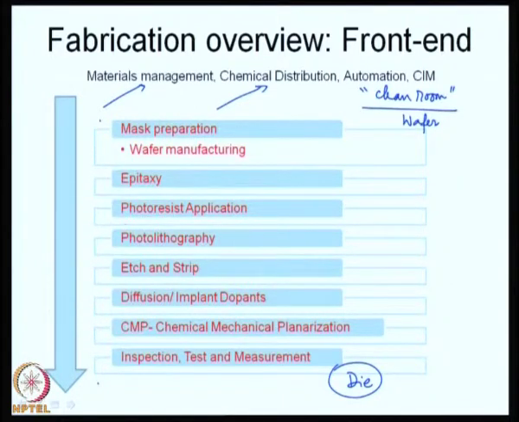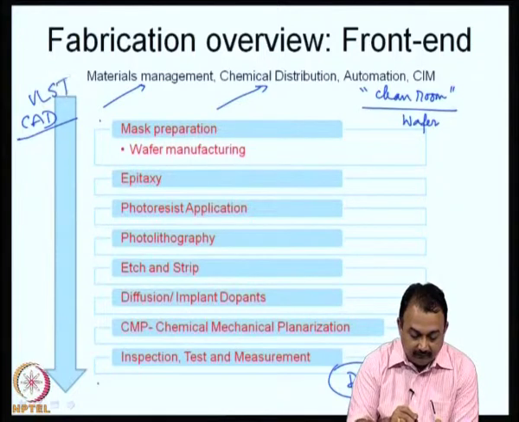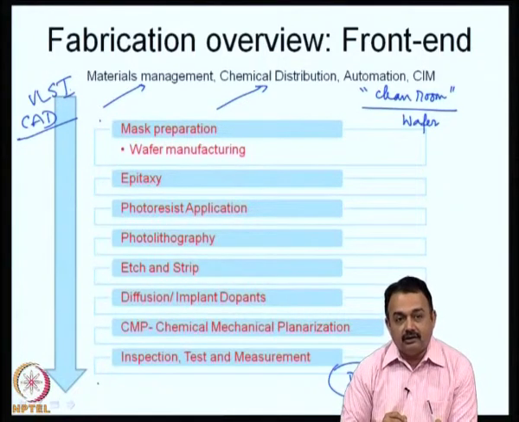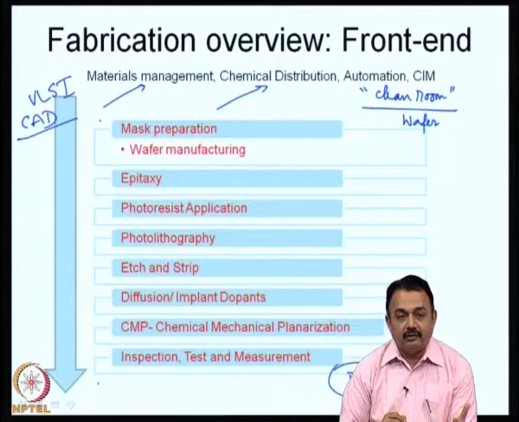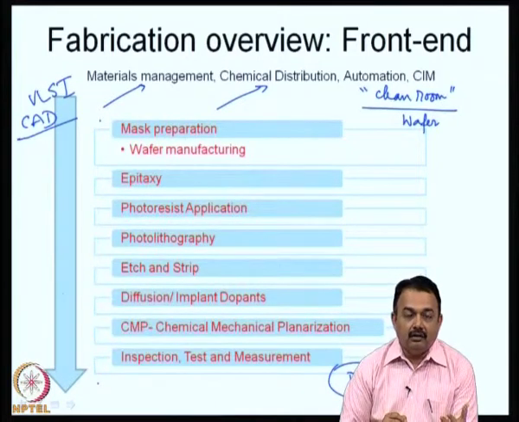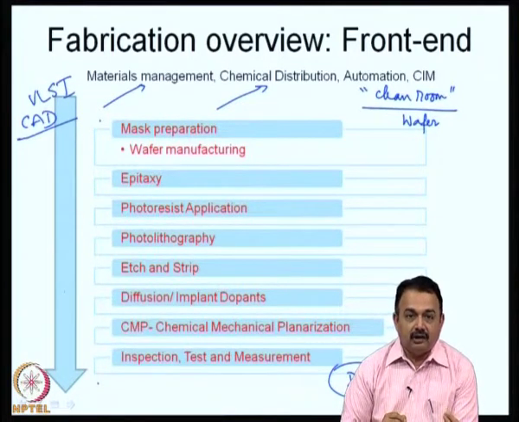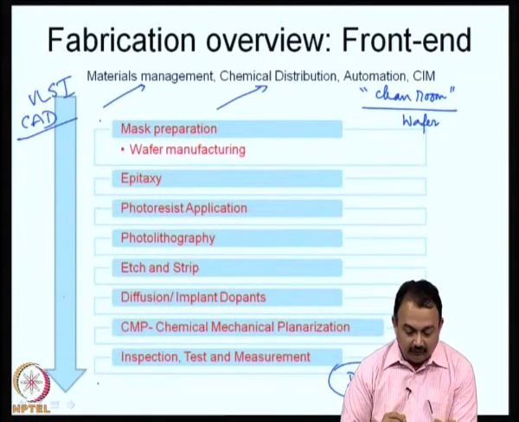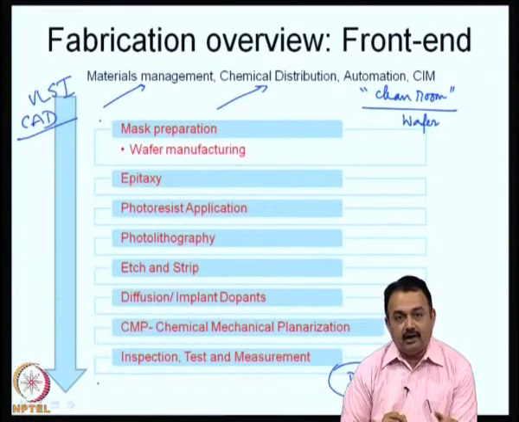The first thing is, if you want to prepare a die, prior to this some CAD work is being done. Okay. So, you call it a VLSI CAD, and out of this a mask is produced, that is a design depicting the interconnections generated from the CAD output. So, that is a technology file that you get from CAD.